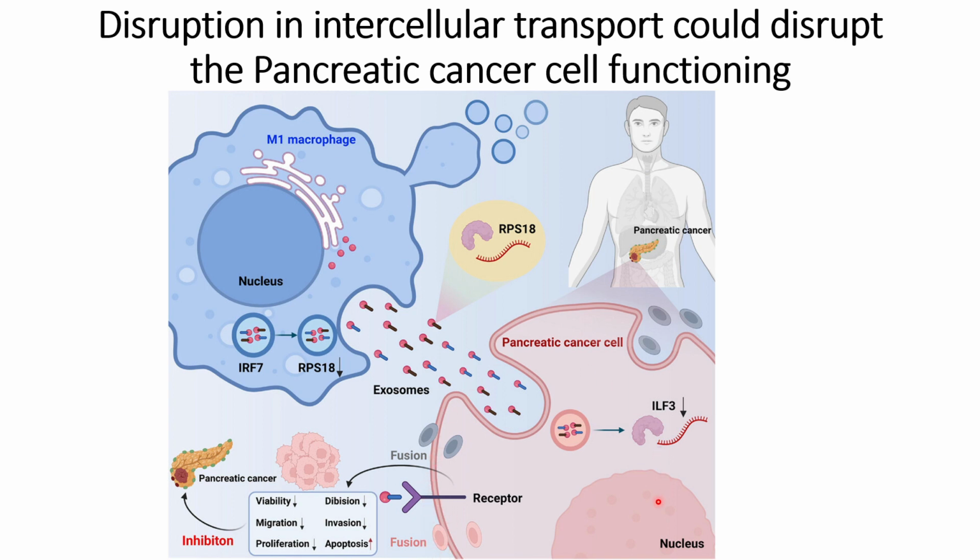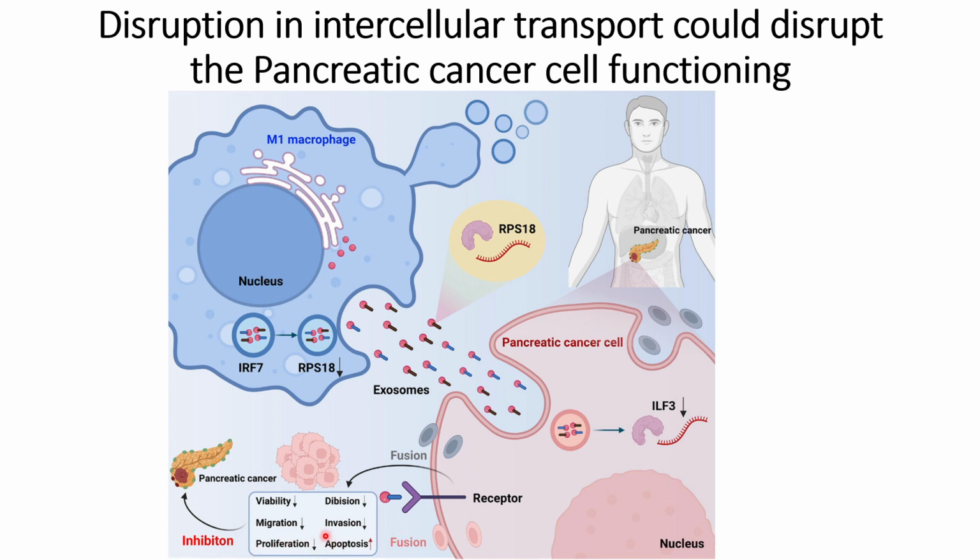Once this lipid metabolism gets disrupted, it will cause these changes: the viability of the pancreatic cancer cells gets reduced, and so do the migration properties. Pancreatic cancer cells are known to be very aggressive cancers that migrate across different parts of the body.